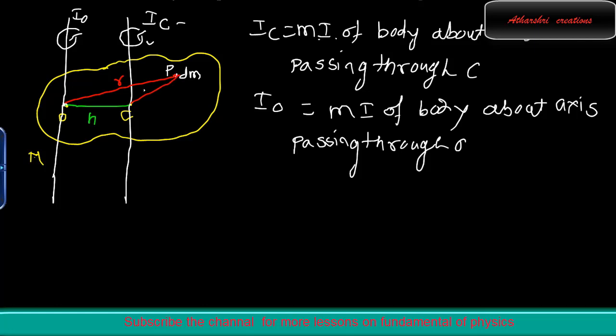That means OP equals R and CP equals R0. Let us extend this line OC and draw the perpendicular from point P on this line. Let this point be point D. See the geometry of this figure.